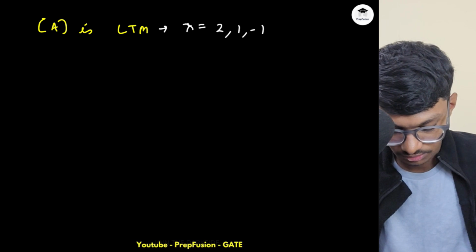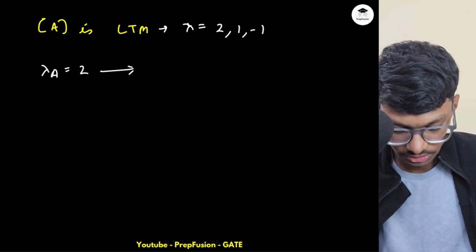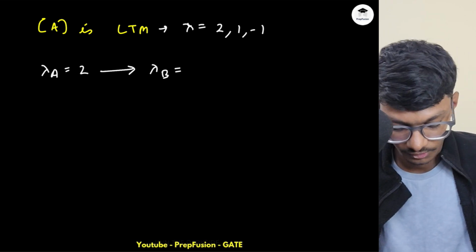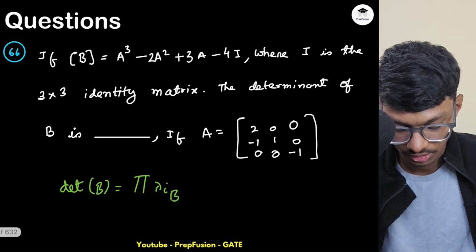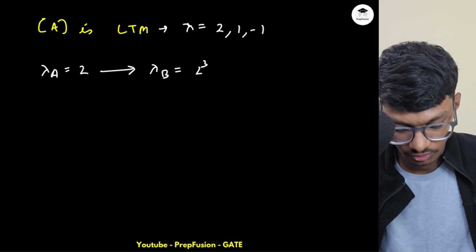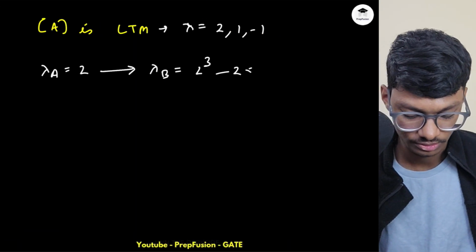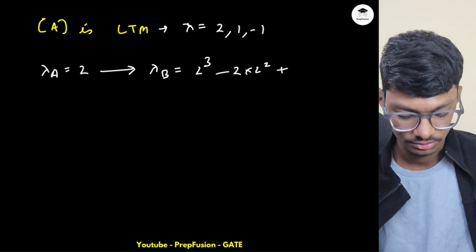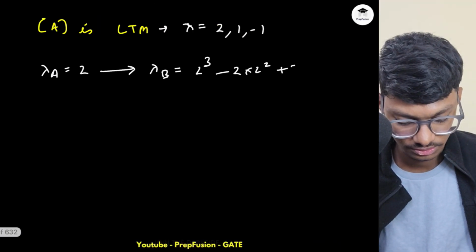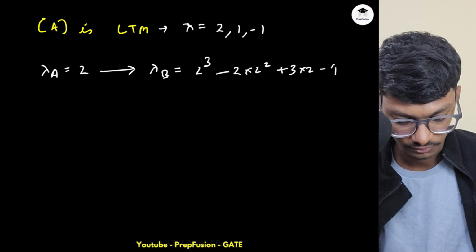Now I will find lambda B corresponding to lambda equals 2. I will put it in this equation. This will be 2 cube minus 2 into 2 square plus 3 into 2 minus 4.